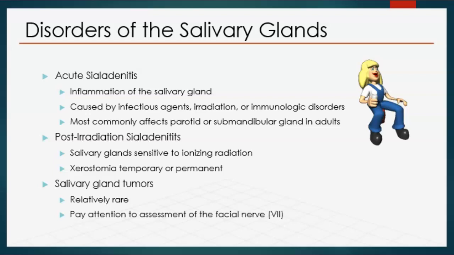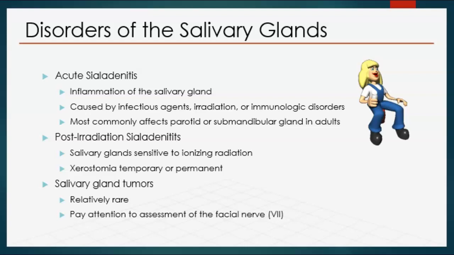So how do we check for facial nerve damage, or how do we assess the facial nerve? Do you remember that from your physical assessment class? Are people able to wrinkle their eyebrows? Can they raise their eyebrows? Can they squeeze and hold their eyes shut?